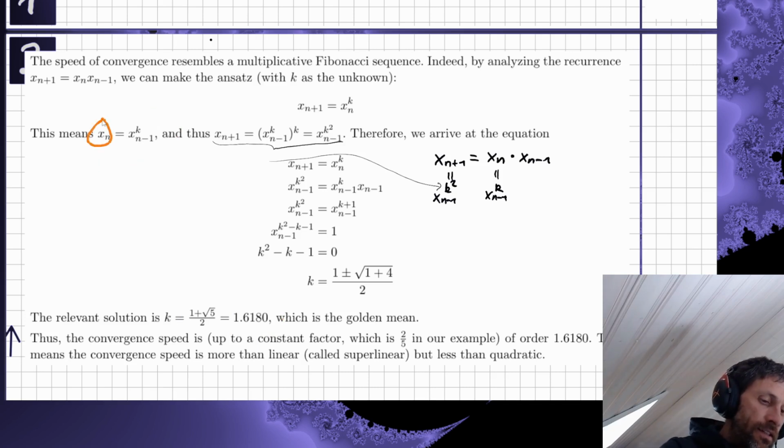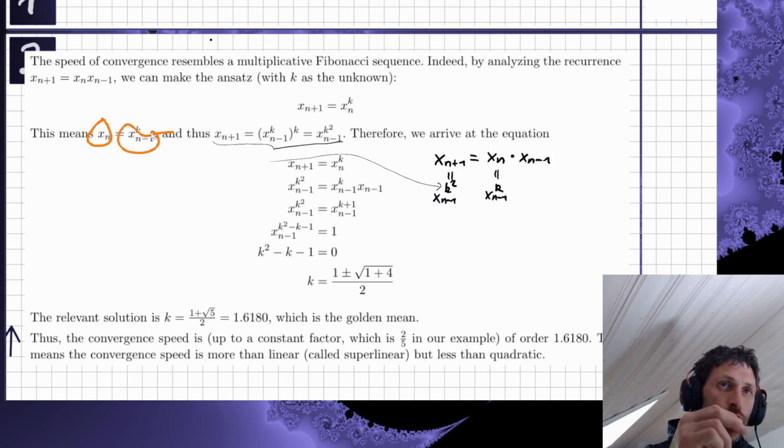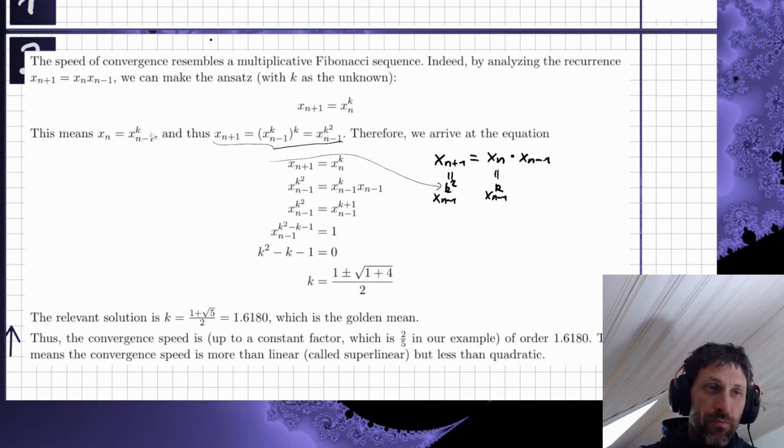K is this one, and thus this is the assumption: xn is xn minus 1 to the power of 1.618. And this is, by the way, the golden mean number. Okay, the convergence speed is of order 1.61.